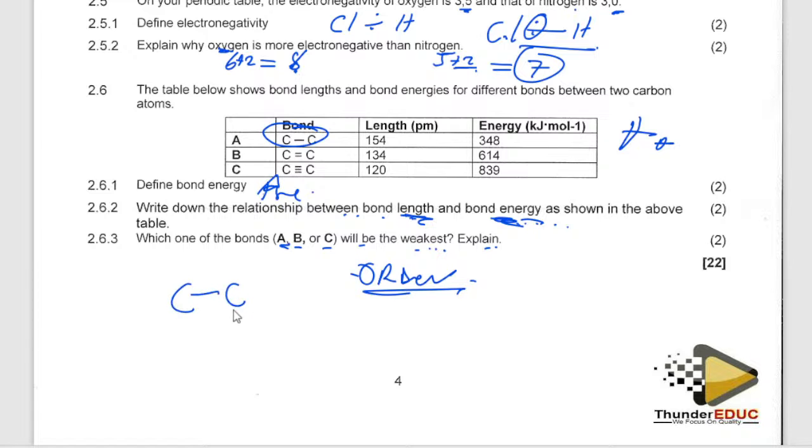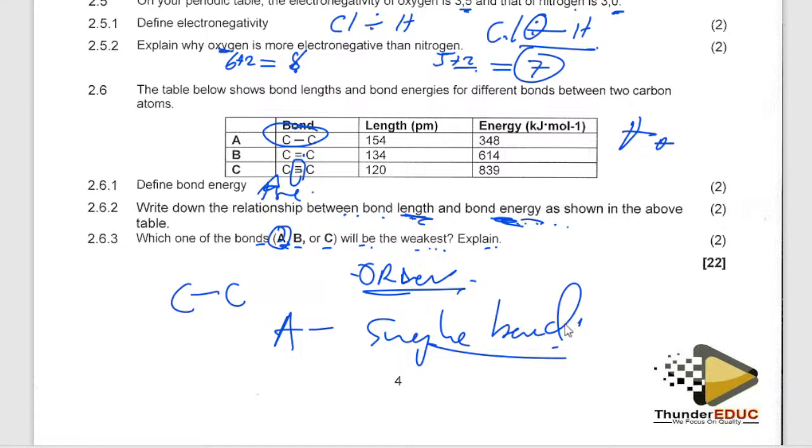Atoms with 1 bond or single bond have longer bonds, and these bonds are weaker compared to atoms which have multiple bonds or double bonds. So this one is weaker than this one, which is weaker than this. Hence, the weakest is A. So the answer must be A, because it is a single bond. That's it.